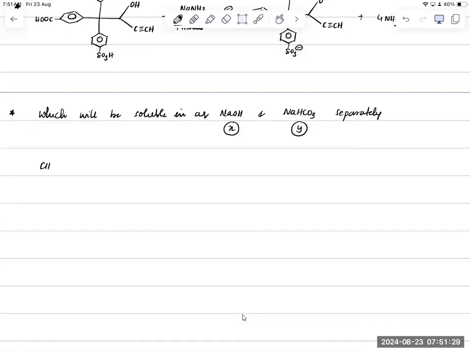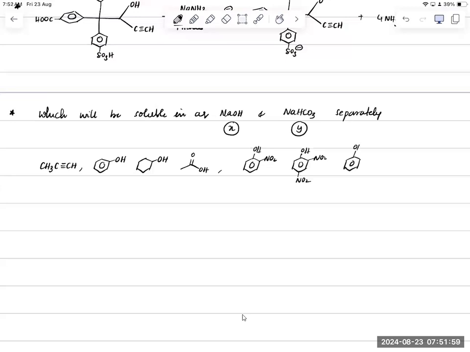See, what are the options? How many compounds here? I gave you phenol, cyclohexanol, acetic acid, OH with NO2, OH with NO2 and NO2, OH with NO2, NO2 and NO2.